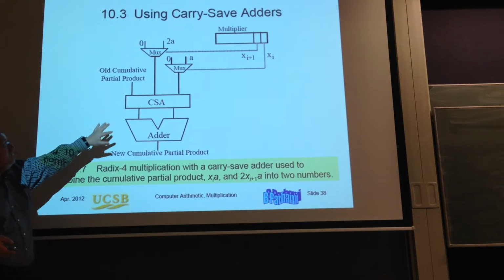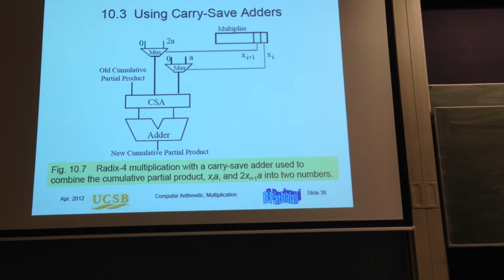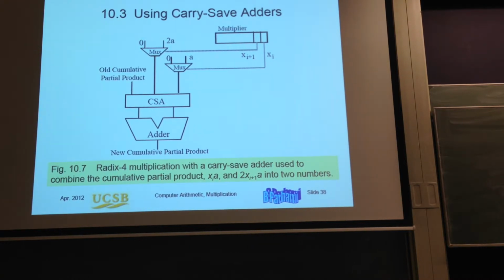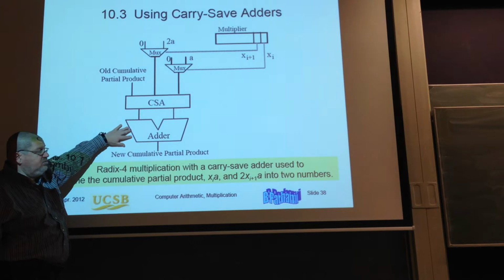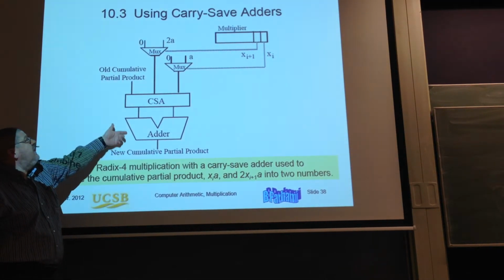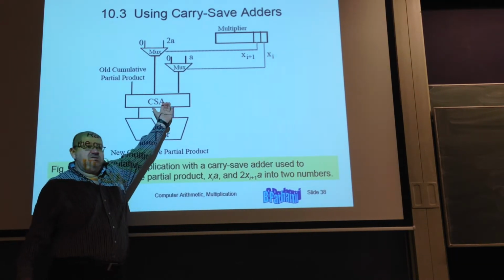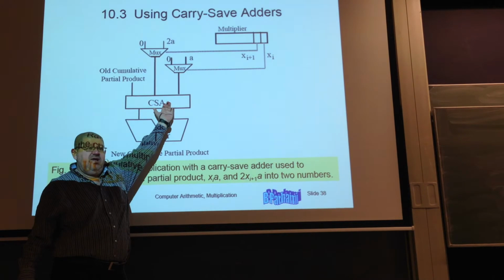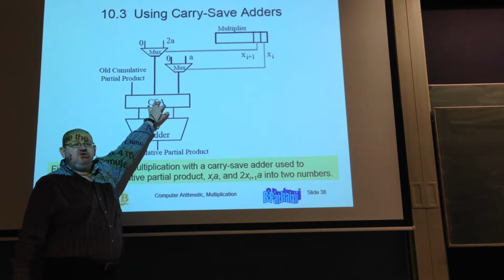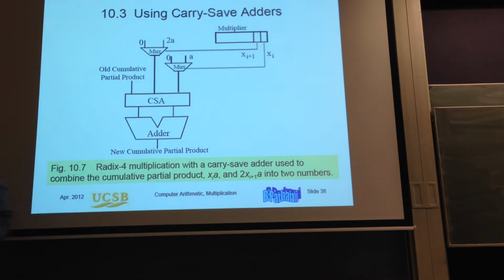And I'm fixing it with an extra full adder. Then each iteration, I'm still propagating the carry, and this is the cumulative partial product, which is increasing each cycle. I add the previous value with two numbers, which will allow me to form 3A. I make a reduction here, this is a carry save adder, and then I do the addition.